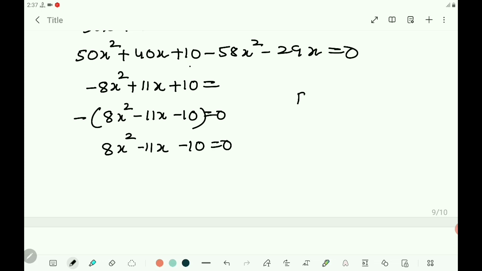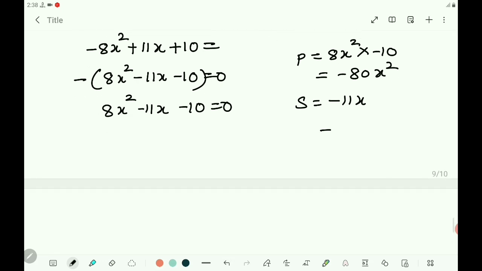Now take the product. Product is 8x square into minus 10, which equals minus 80x square. Sum equals minus 11x.